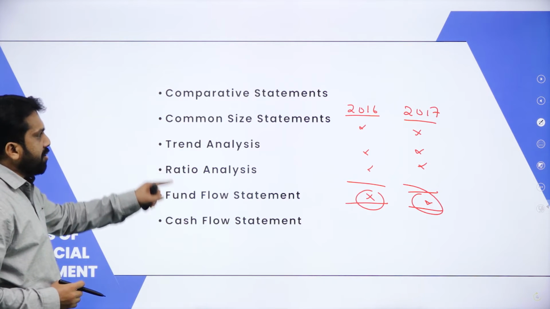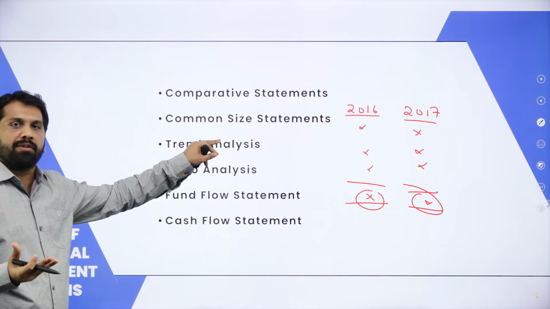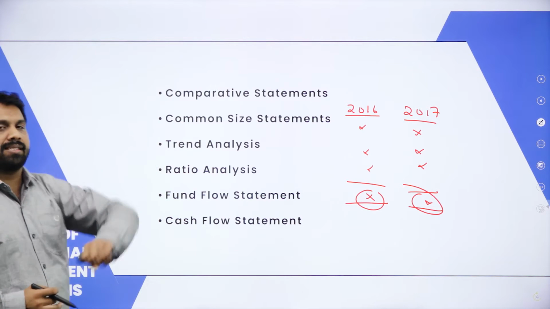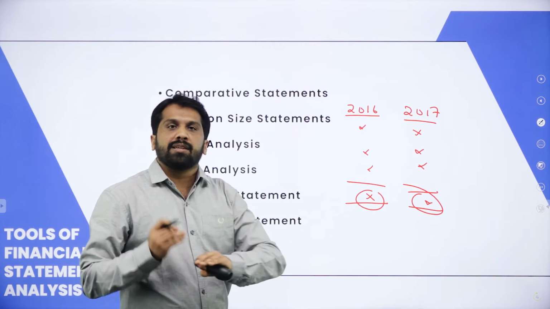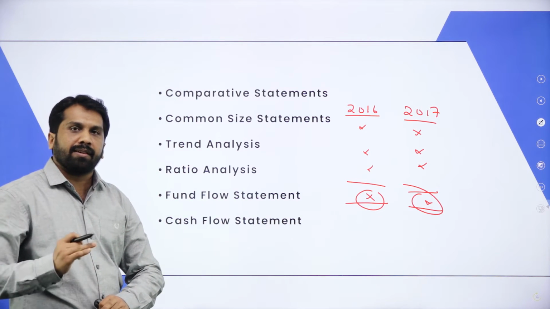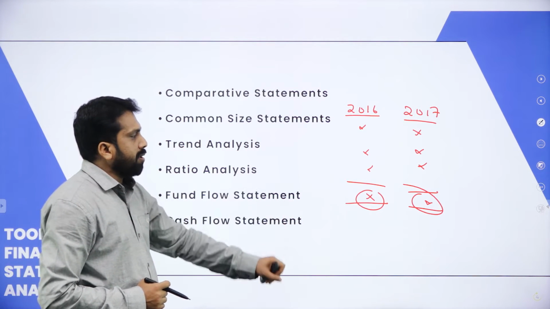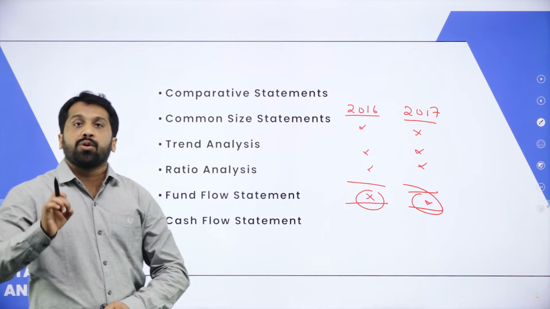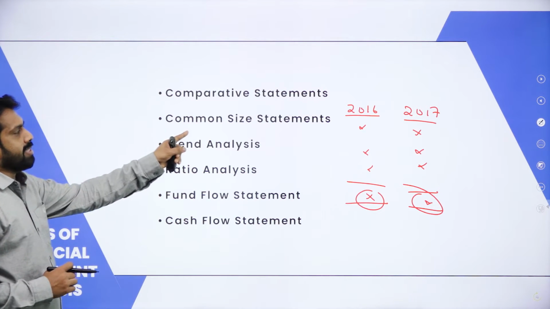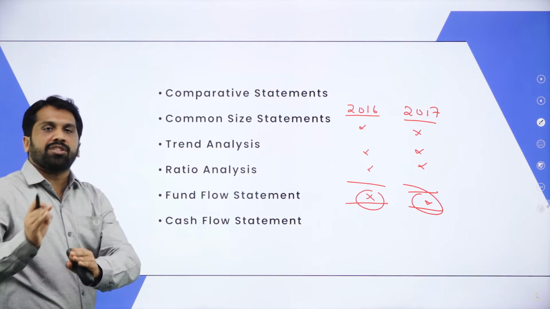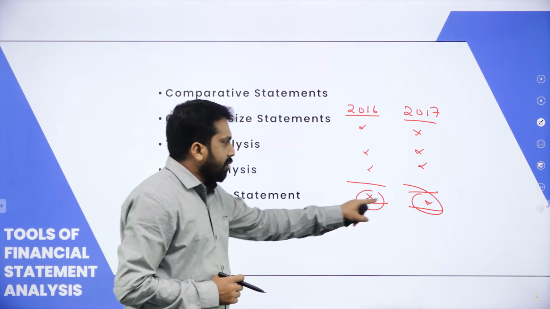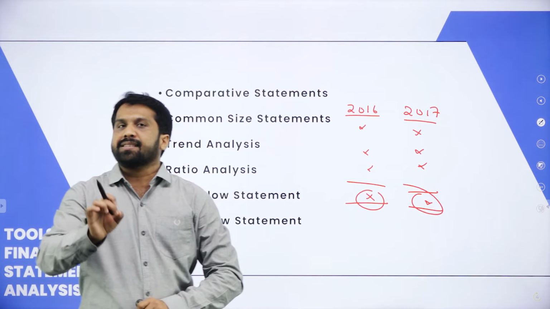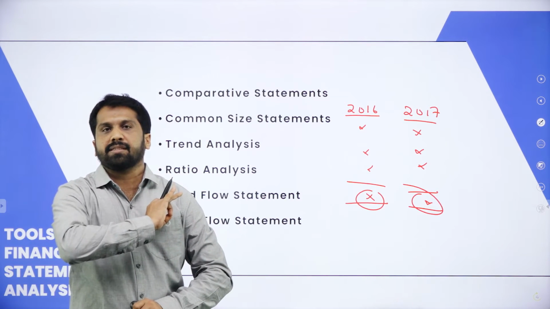How? While doing problems, I'll give you more information about common size statement. Why? Because without numbers, you will not understand. That's why while doing problems, I'll make you understand what is meant by common size statement. Just remember that in common size statement, total is always considered as base.